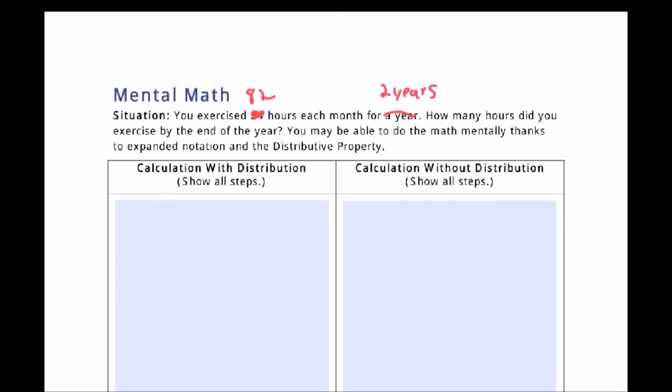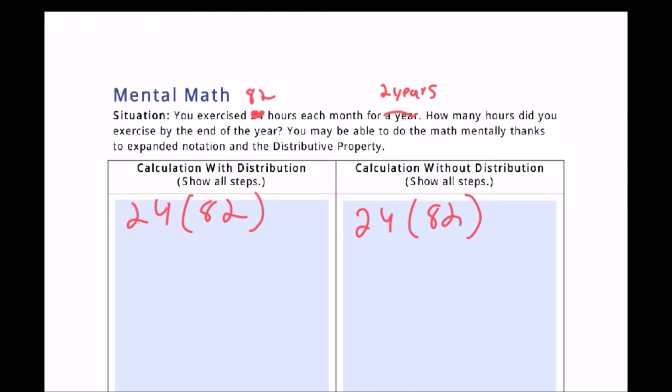Find out our total hours. There are 24 months in 2 years, and that's 82 hours. 24 times 82.